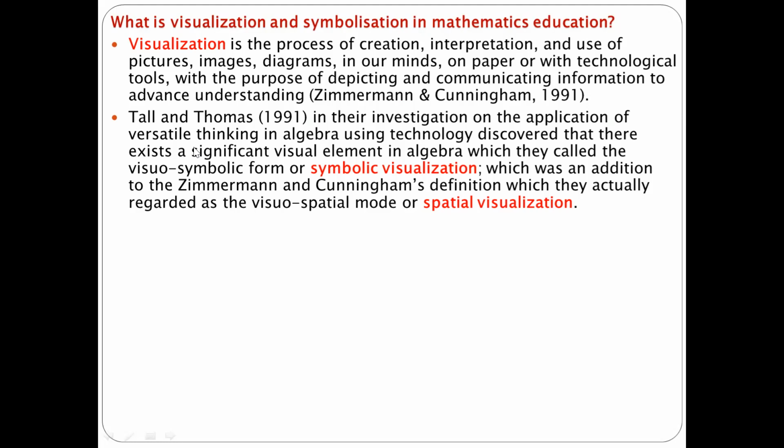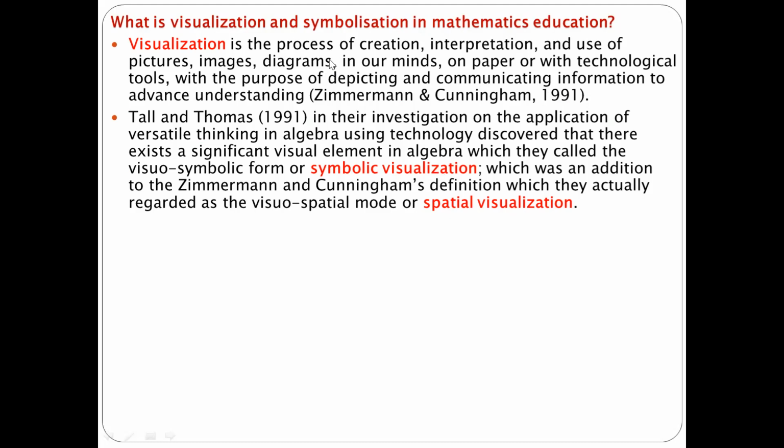So what actually was proposed by these two scholars was that the visualization definition given by Zimmerman and Cunningham was incomplete because it only discusses the process of creation and the use of pictures, images, and diagrams in an individual's mind, and does not consider the process of creation of mathematical information in symbolic form, which is the symbolic visualization.